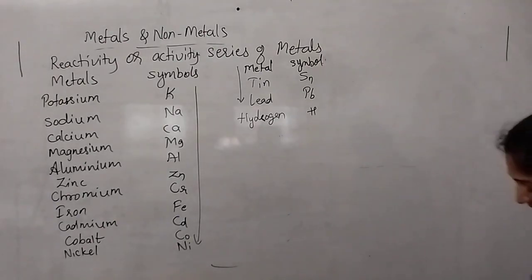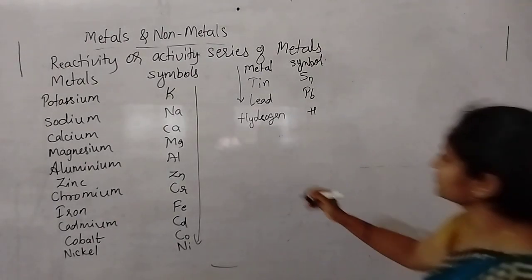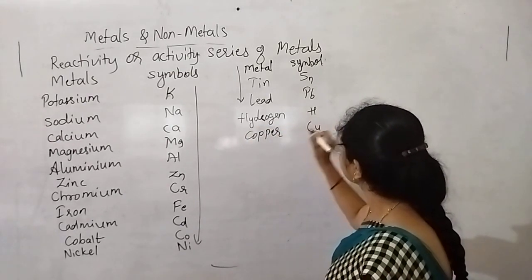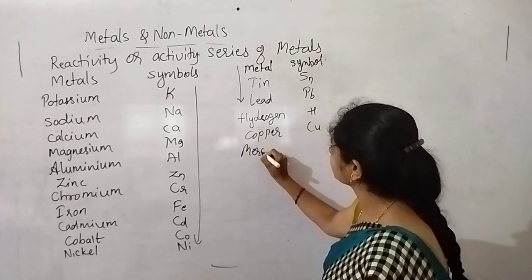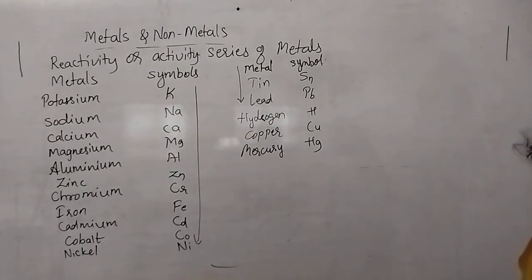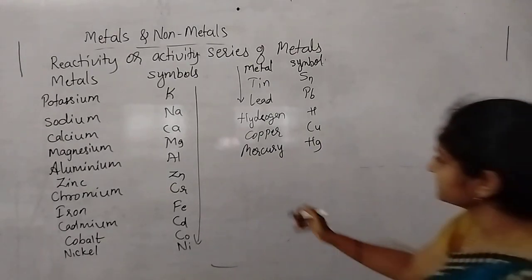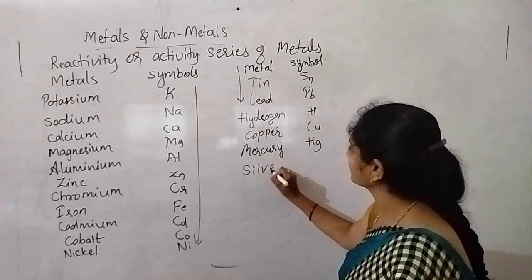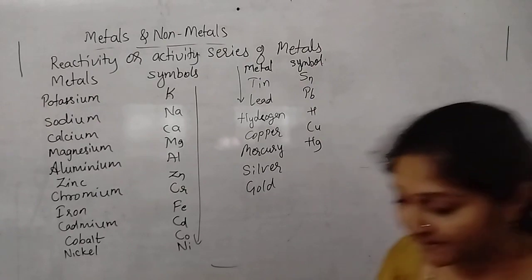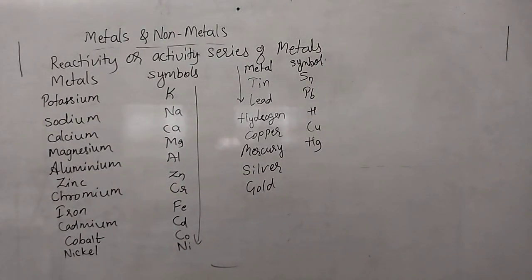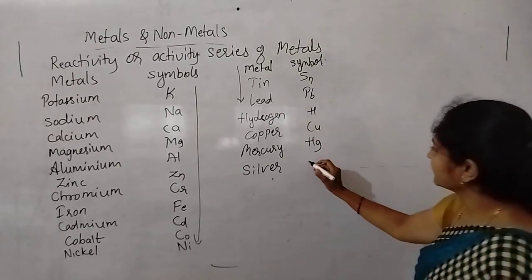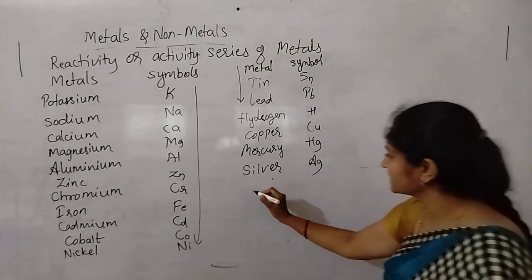First comes copper, Cu, then mercury, Hg. Then after mercury, silver, Ag, then platinum, Pt, and last gold, because gold is non-reactive with any.